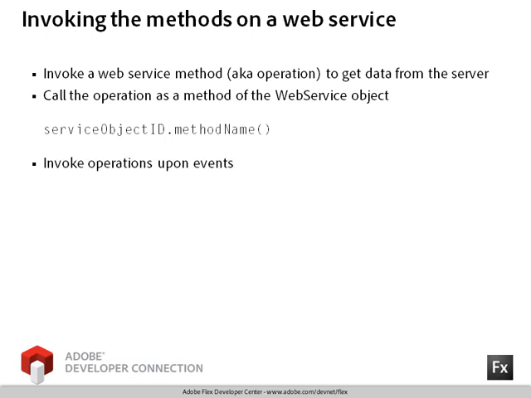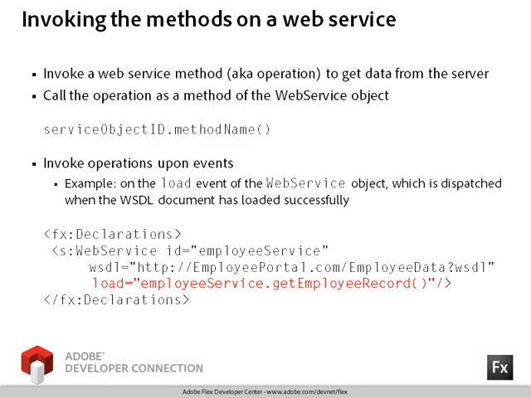You can invoke these operations on Flex Framework system and user events. For example, this code calls the getEmployeeRecord operation of the employee service object on the web service component's load event. This event is triggered when the WSDL document has loaded successfully.